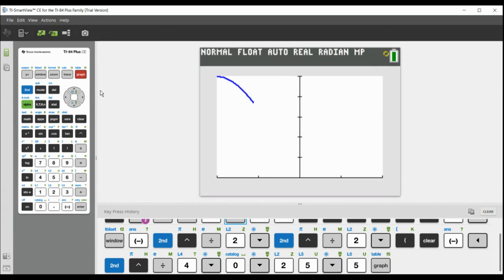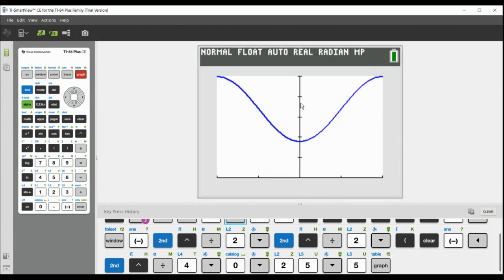Okay, so let's graph it. There we go. So this 16 plus 9 sine squared is clearly an even function about the y-axis. Okay. So is everybody okay with this? Are there any questions so far?